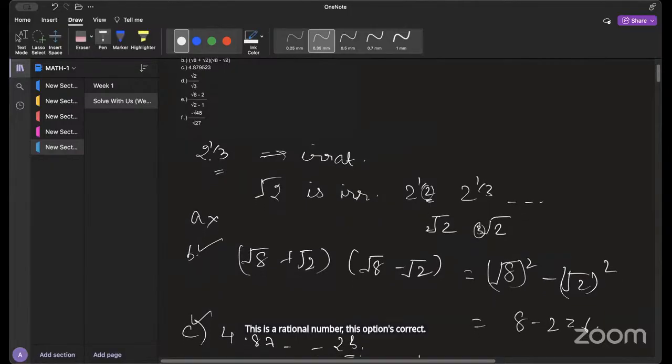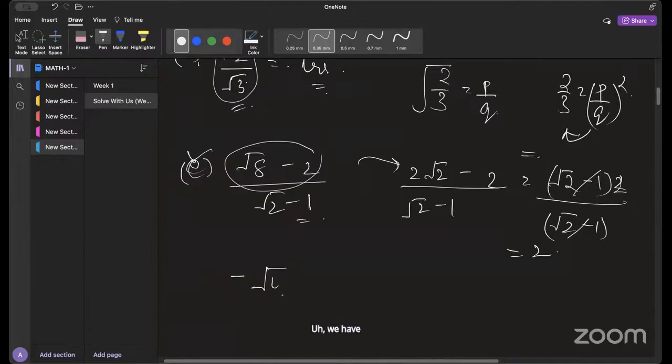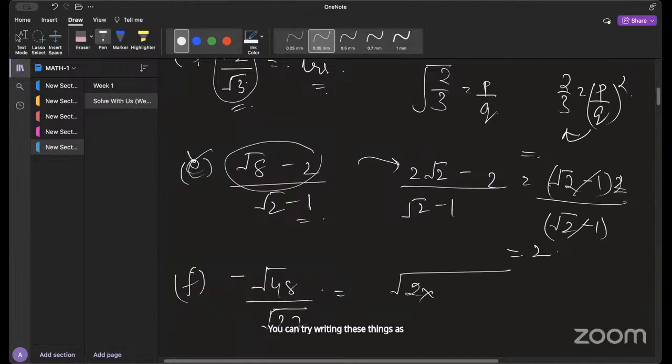Then we have minus root 48 by root 27. You can try writing these numbers in terms of prime factors: 48 is 2 into 24, then 2 again, so 12, then 2, 6, and then 3 and 2.